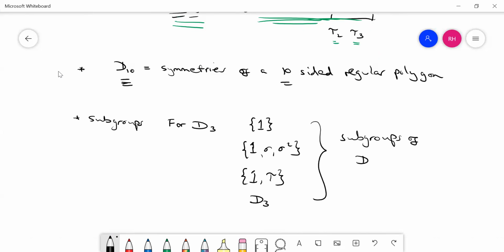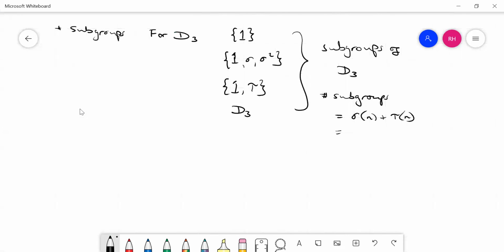I haven't done all the subgroups here, by the way. The number of subgroups, I think, is equal to tau n plus sigma n. Here the sigma and tau are arithmetic functions, nothing to do with the rotation and reflection. I think this is right, don't quote me on this.